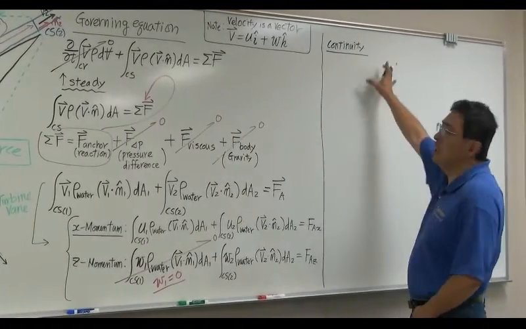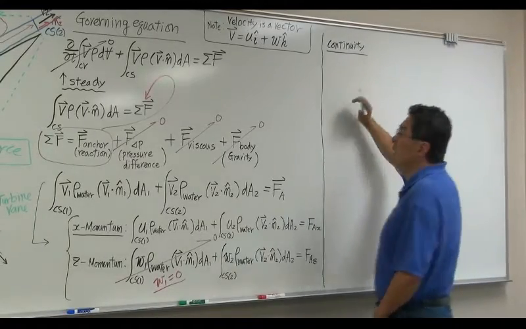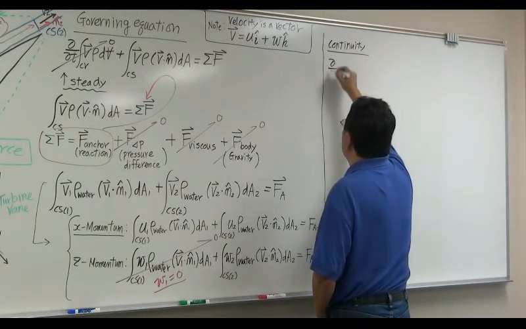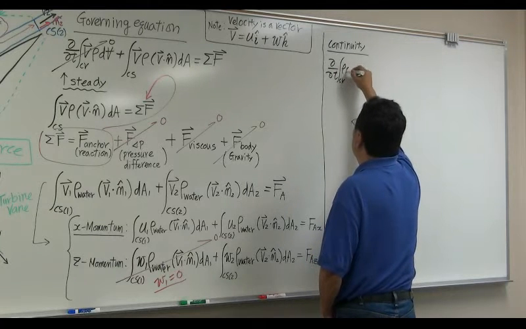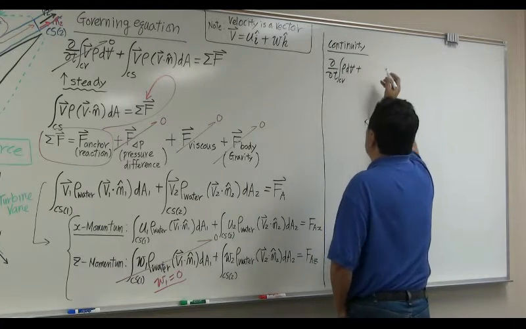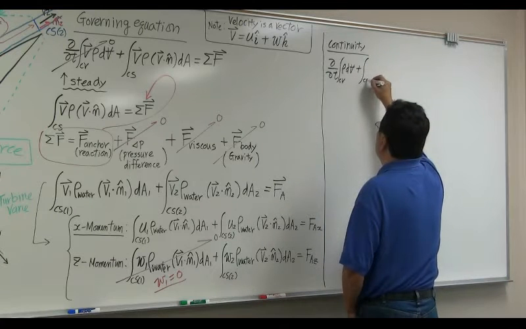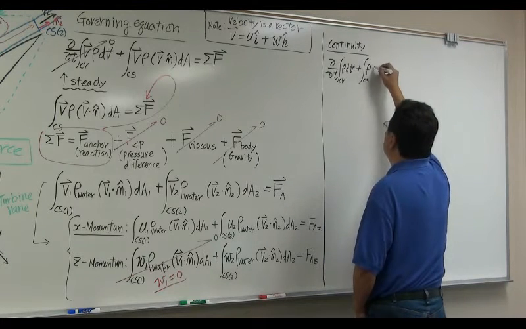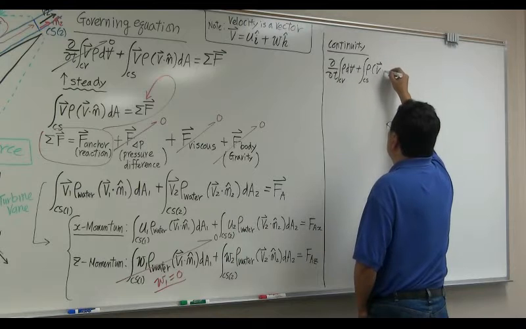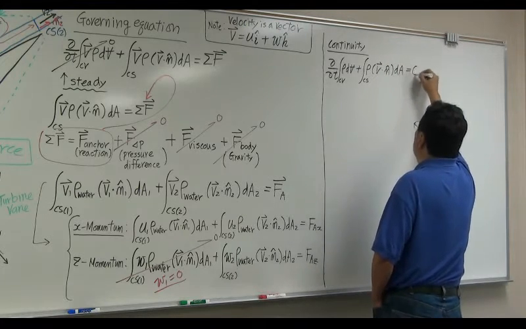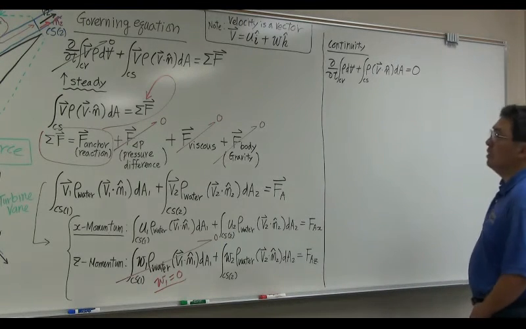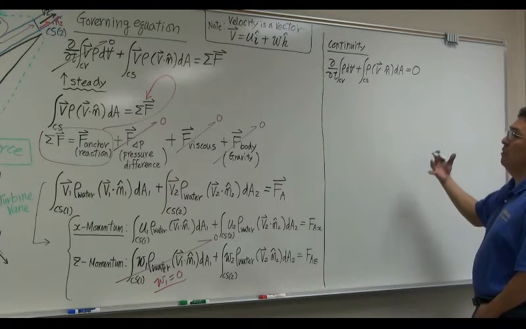Remember, continuity comes from unit D1. I hope you remember: d/dt of the integral over the control volume of rho dV, plus the integral over the control surface of rho v dot n dA, is equal to 0. This is the continuity equation from unit D1.